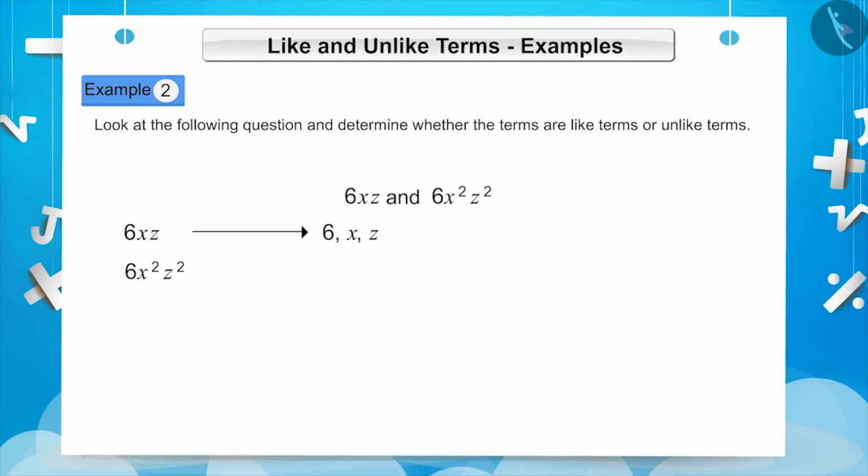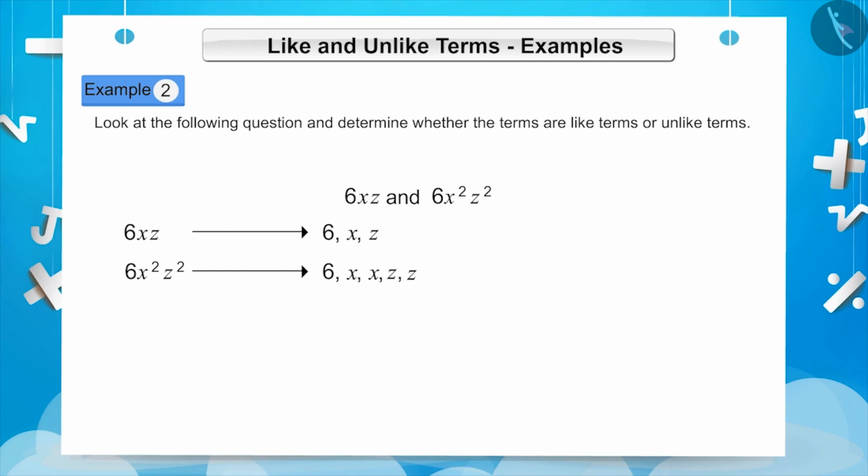Similarly, the factors of 6x^2z^2 are 6, x, x, z and z. Here the algebraic factors of both the terms are different from each other. Therefore, these two terms are unlike terms.